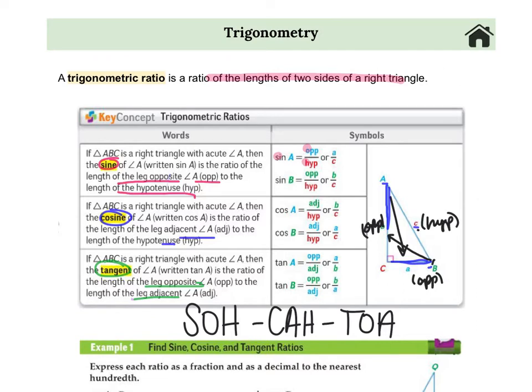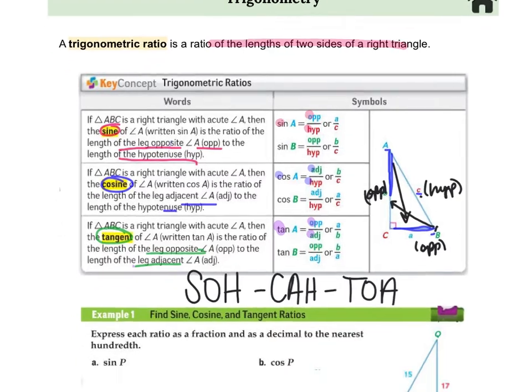Cosine of our angle theta would be adjacent over hypotenuse, CAH. And then tangent is the opposite over adjacent, or TOA. Remembering this acronym will help you immensely working through these problems.